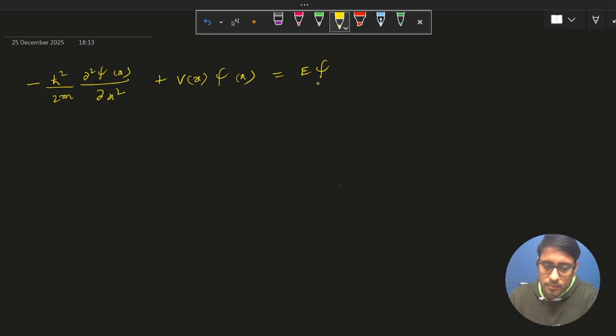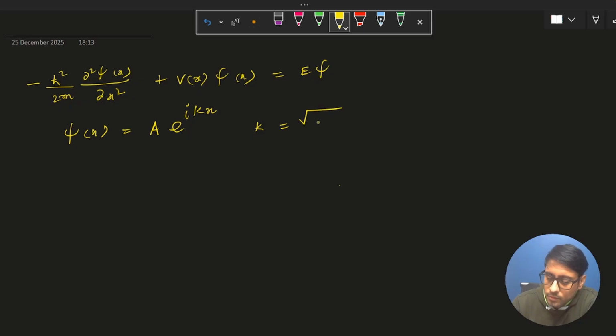We tried to solve this and it gave a result that psi(x) equals some constant A into e to the power i k x, where k was under root 2mE over h bar. Basically we had two constants A and B, but we neglected one of the terms.